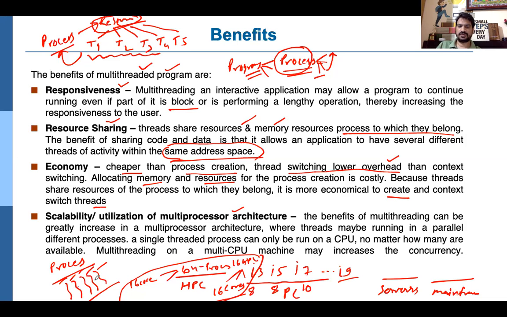In that way, parallelism will be achieved, and all the threads can execute at the same time. Let's say we have 5 threads, 1, 2, 3, 4, 5. If we have an octa-core architecture, where we have 8 cores in a CPU, we can allocate one core to one thread and execute them in parallel processing. We can utilize that multi-processing architecture and increase the scalability.